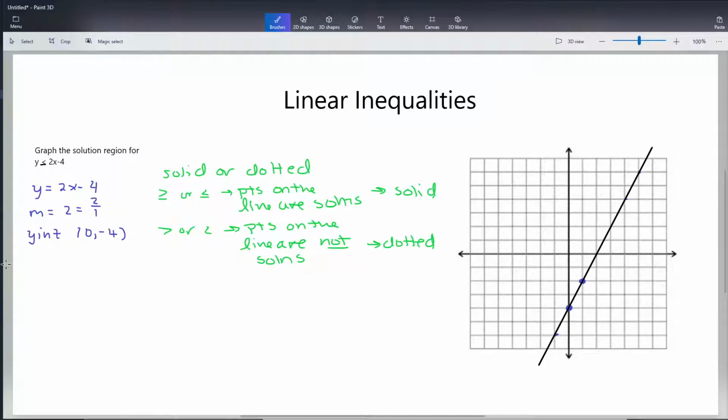Okay, so in our example, we have less than or equal to, so the line is solid. Okay, so we're just going to leave it the way it is.